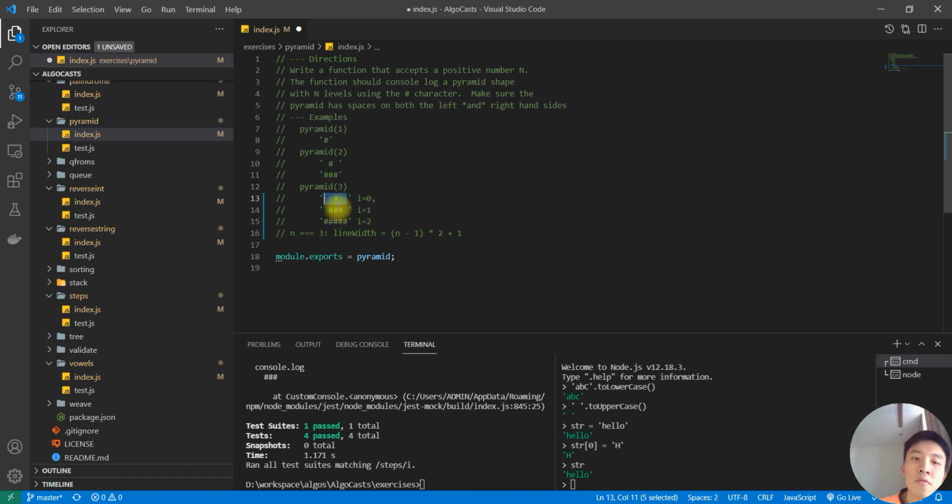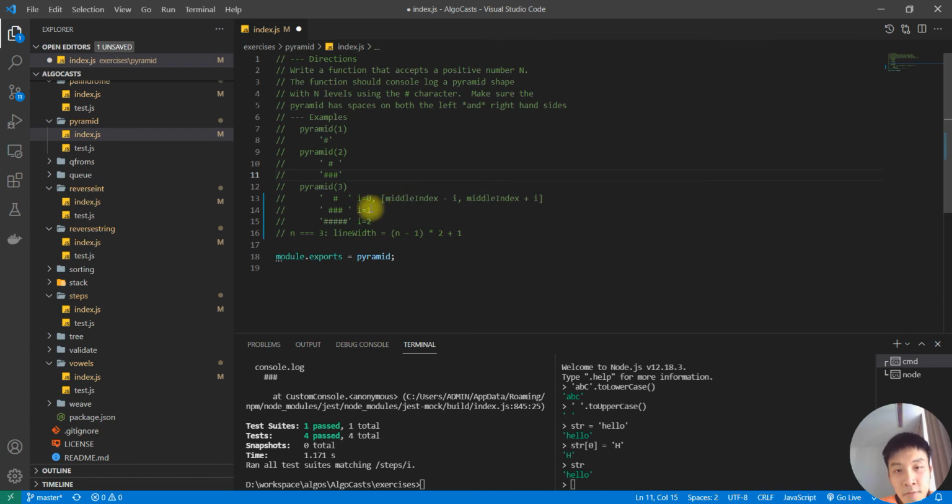For a given line, the range is middle index minus i to middle index plus i.